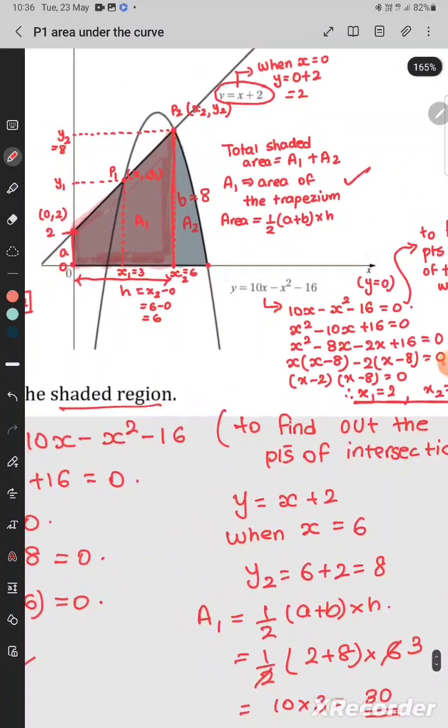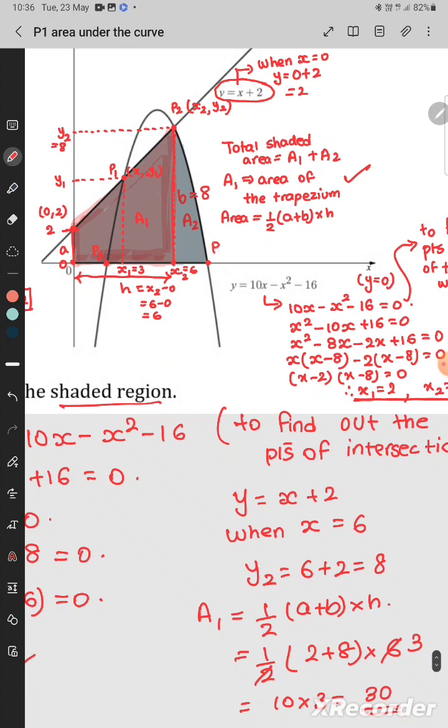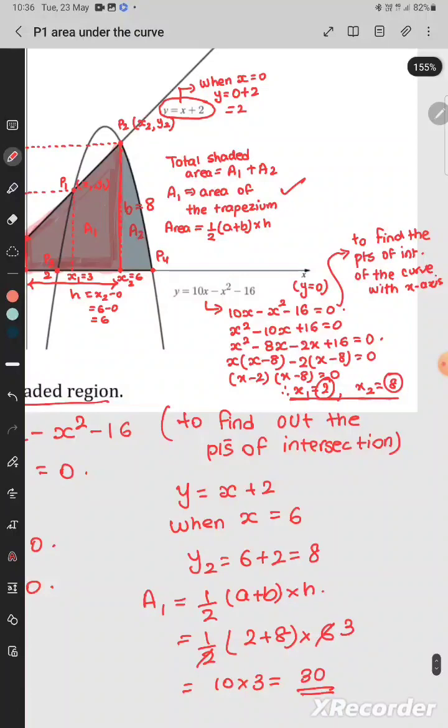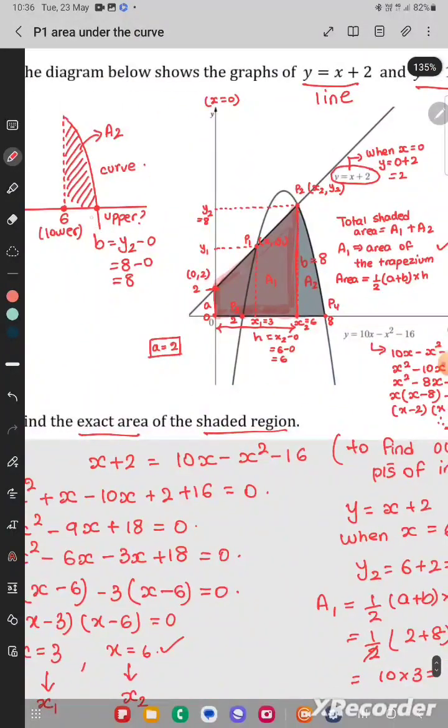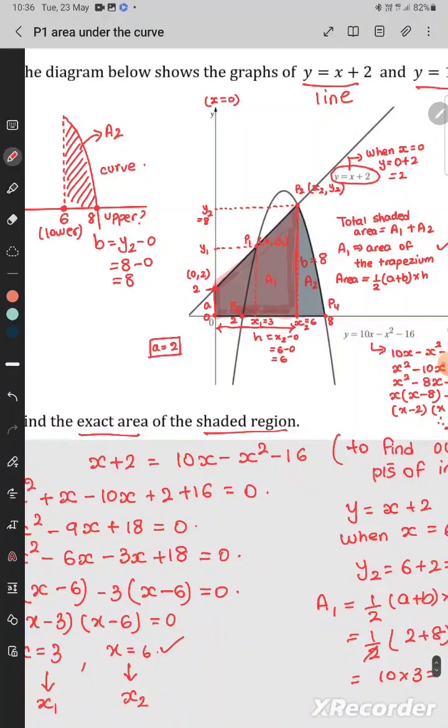So where are the points of intersection? This is one point, let's call it P3, and this is another point P4. P3's x coordinate will be 2. We won't really need this. And P4's x coordinate is 8. So this is 8. That means if I come back to this figure, this is 8. So the upper limit I now know is 8.